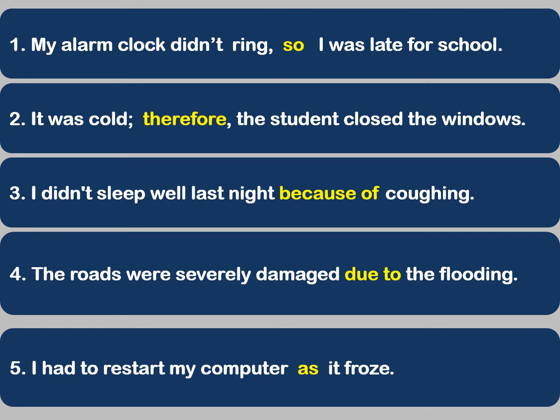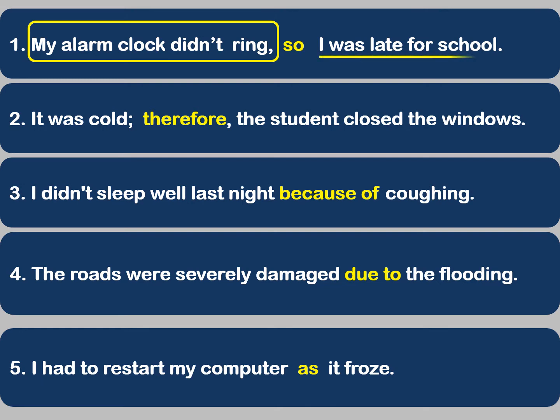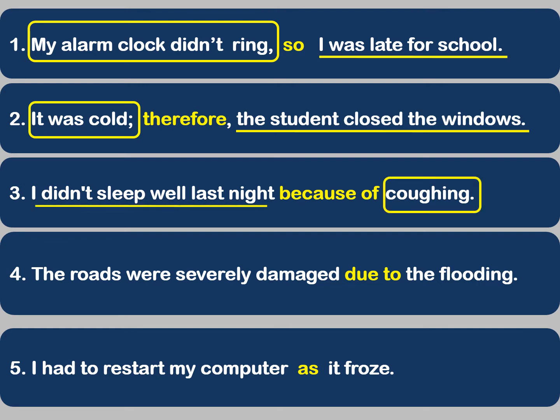So, what is the cause in the first sentence? Of course, my alarm clock didn't ring, and the effect is I was late for school. Number two, the cause is it was cold, and the effect is the students closed the window. In number three, the cause is, of course, coughing, and the effect is that I didn't sleep well.